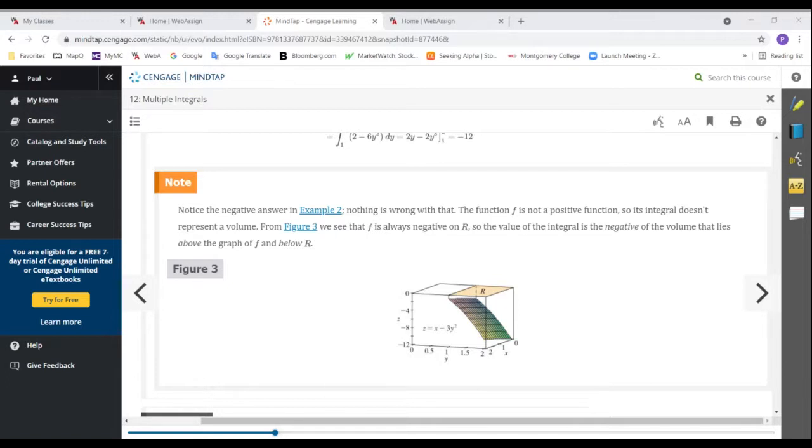Think of the volume between the surface and the xy plane. The xy plane is on the top, where the origin is. Would that volume be positive or negative?